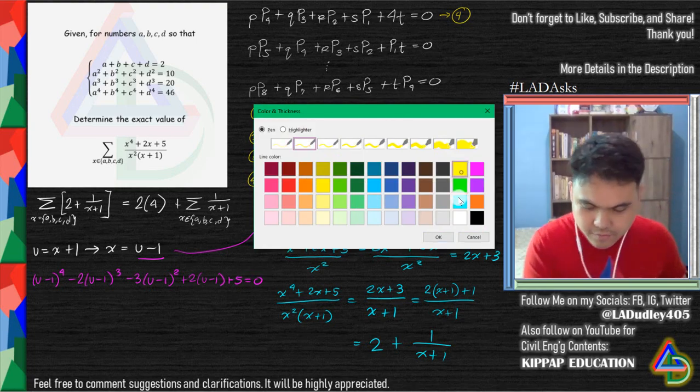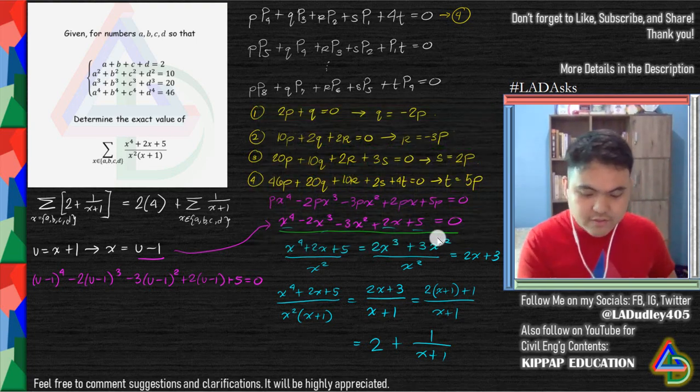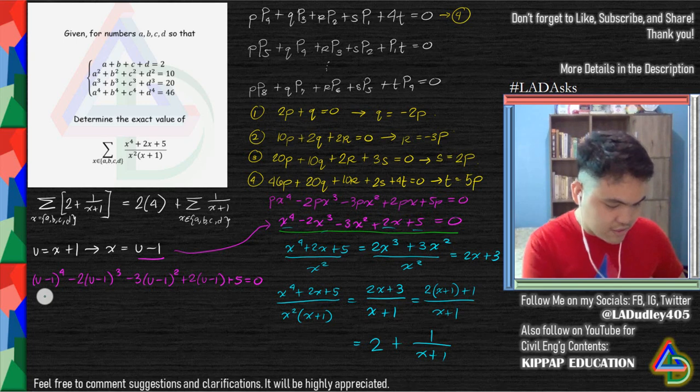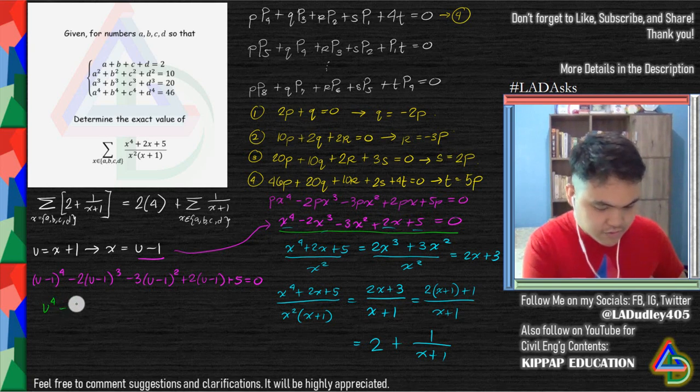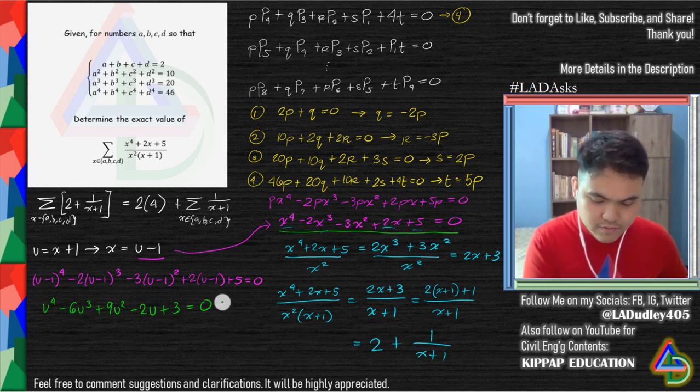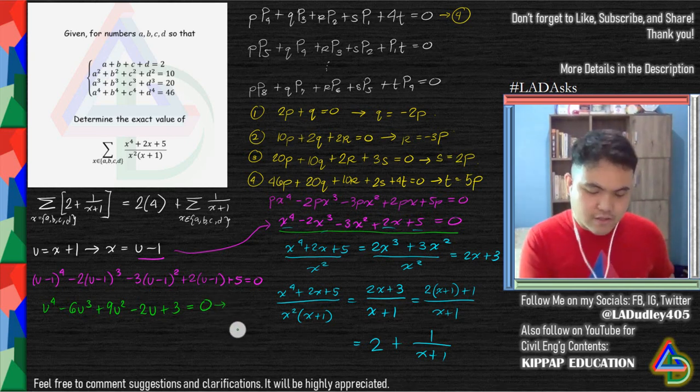Now, you can pause this video and try it for yourself to simplify this polynomial, and we actually end up with this one, no? So we have u to the fourth minus 6u cubed plus 9u squared minus 2u plus 3 is equal to 0.